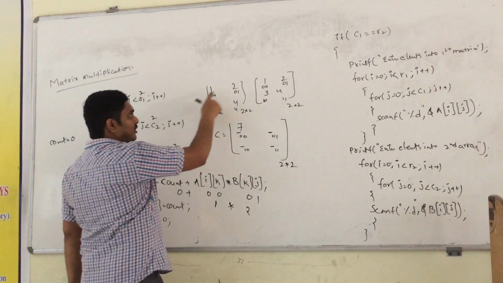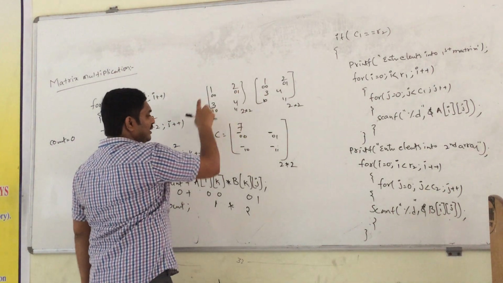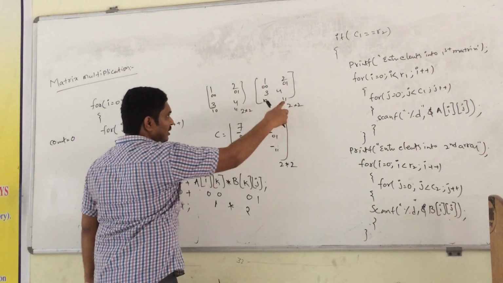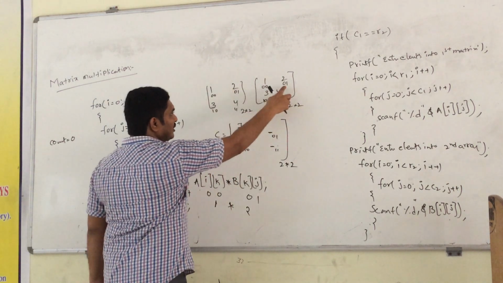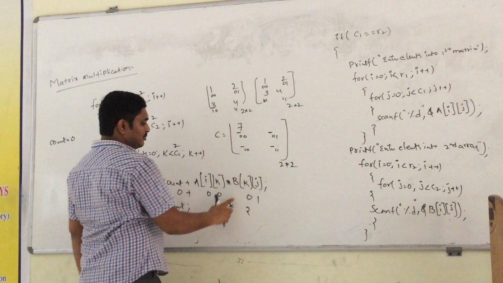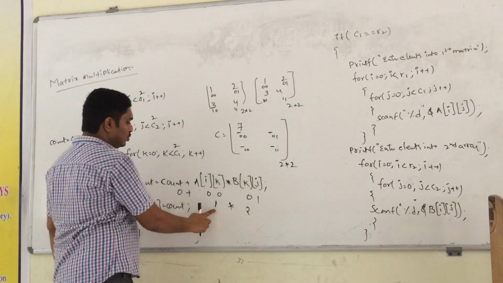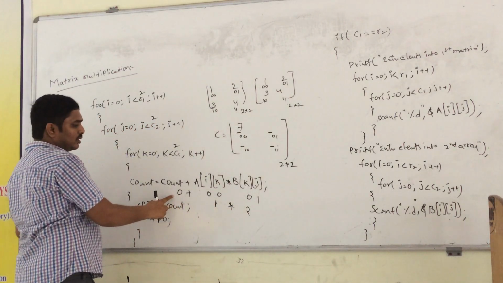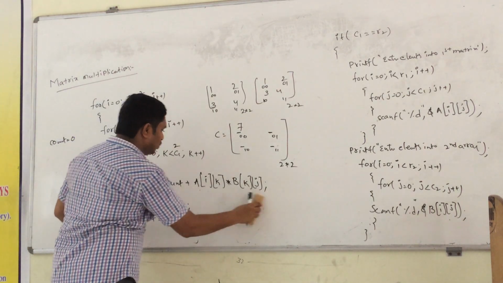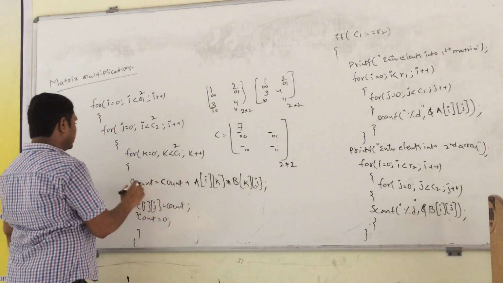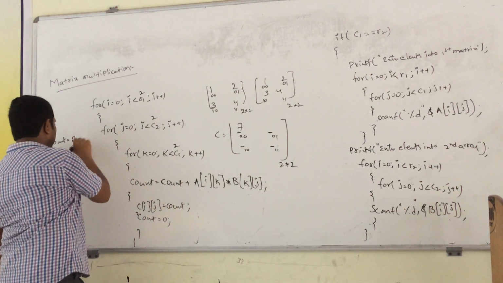We know that the first row first column is completed, then we perform the first row second column. That means the 0 0 element is multiplied with the 0 1 element. That means 1 into 2, which is 2. This is added to the count. That means count will become 2. So count equals 2.